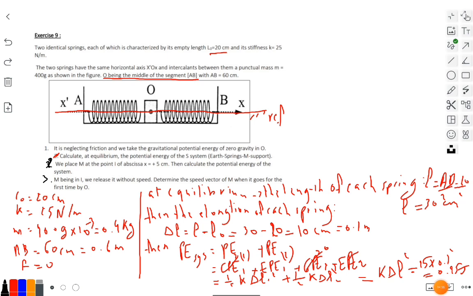Part 2. We place M at the point I of abscissa x equal plus 5 centimeters. Then the solid M is placed to the right by 5 centimeters.